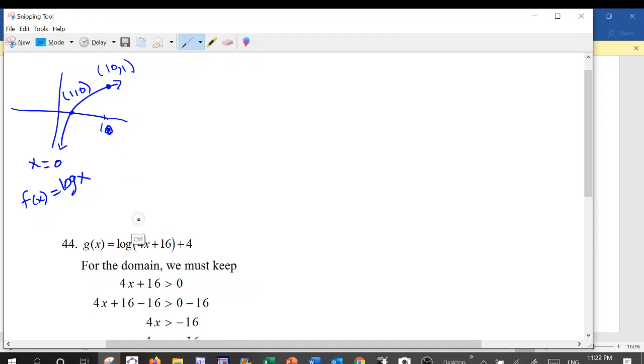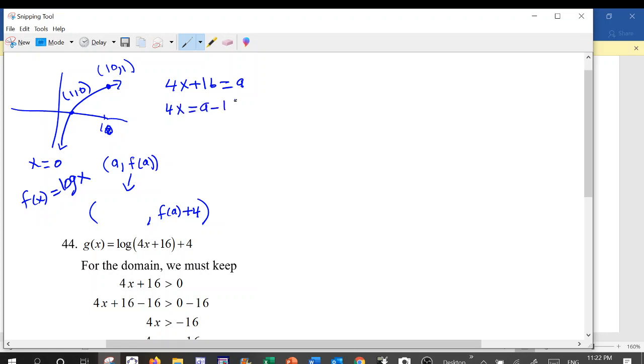What are the transformations? Well, if you start with a and f of a, where does that go? The y is easy, you just add 4. So it's f of a plus 4. What happens with x? Well, the x we have to figure out. 4x plus 16, we let it be a, and then solve for it.